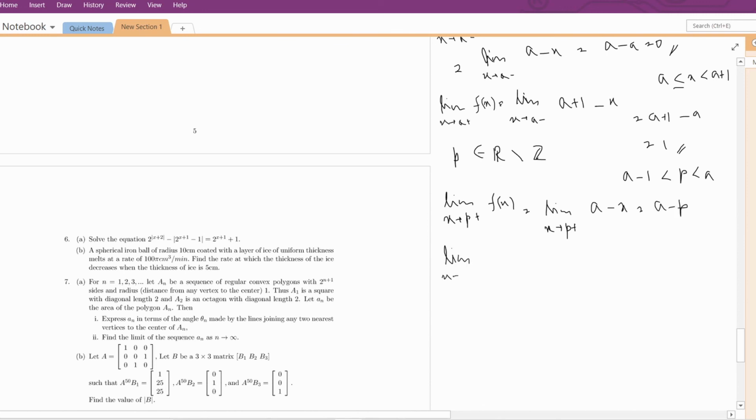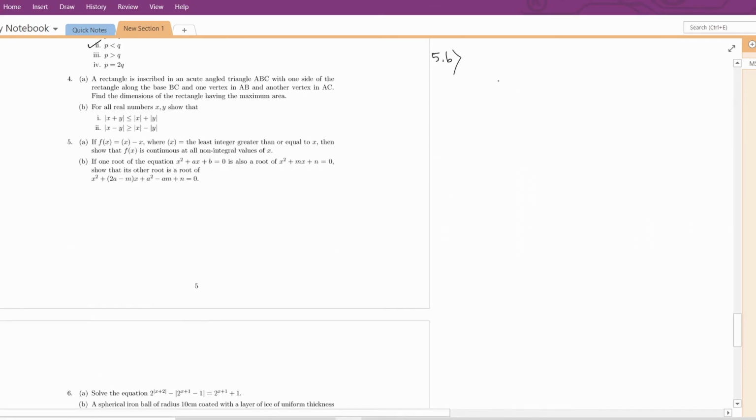And similarly, if we calculate limit x tending to p minus f(x), this will also be the same, a minus x, which is a minus p. So these two are the same, and also the f(x) value at p, so f(p), is also equal to a minus p. So these three values are the same, so we can say that for all non-integral points p, f is continuous.